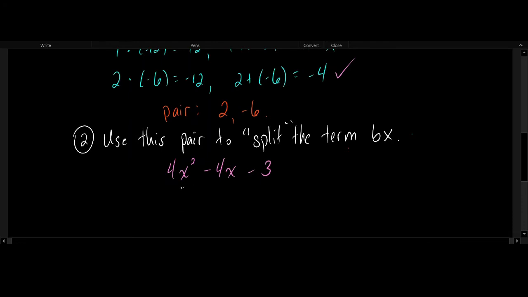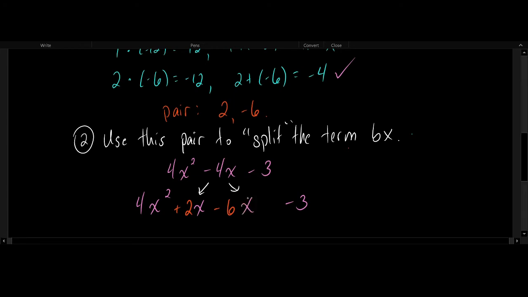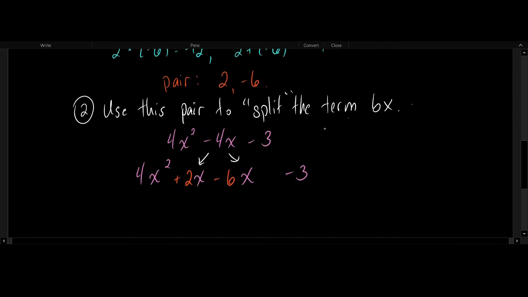I'm going to leave the x squared term alone, and I'm going to leave the constant term alone, but I'm going to split the term negative 4x into two separate terms. The first one is going to be positive 2 times x, using the positive 2 from the pair above, and the second one is going to be negative 6 times x, using the negative 6 from the pair above. So take your quadratic expression and use this pair to split the term bx.